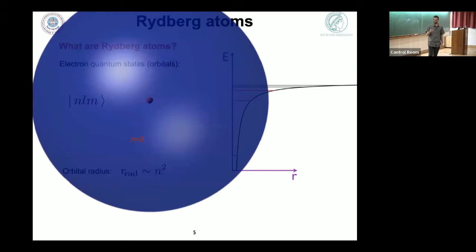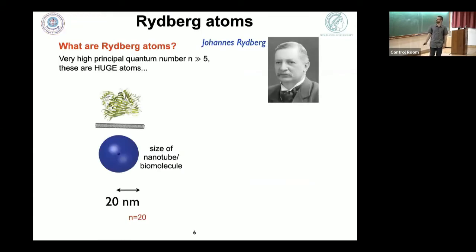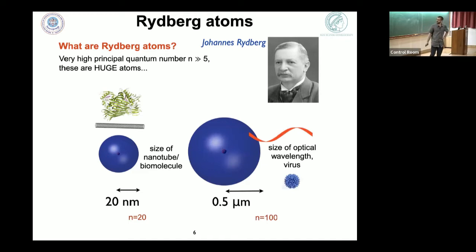So these atoms get rather quickly relatively big. Once you're at a principal quantum number of 20, that Rydberg atom is larger than a biomolecule. And at n equal 100, it's larger than some pesky virus, or of the size of an optical wavelength.